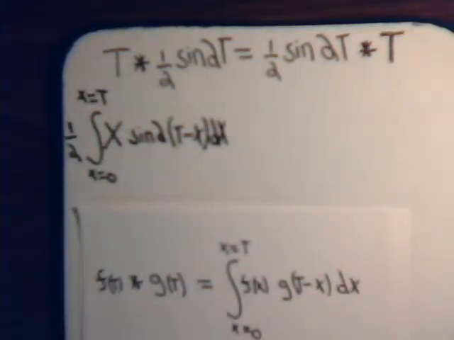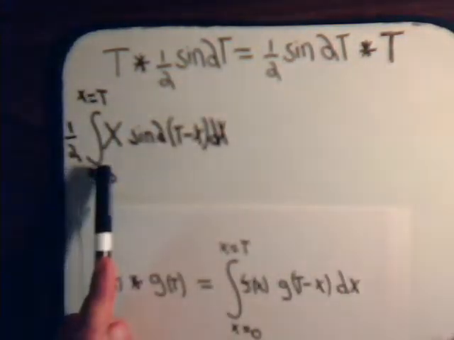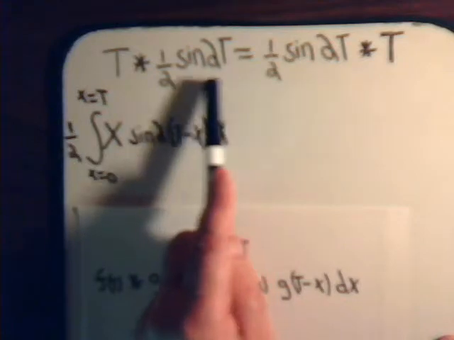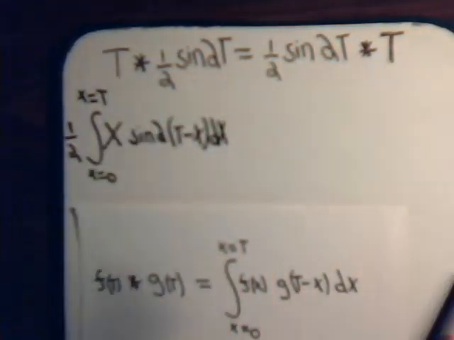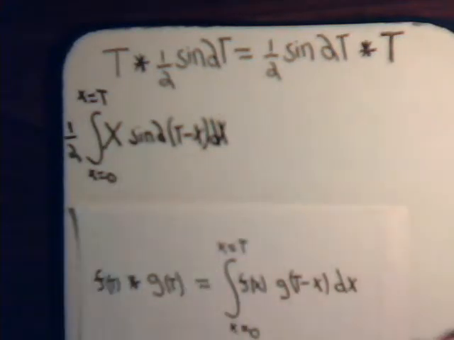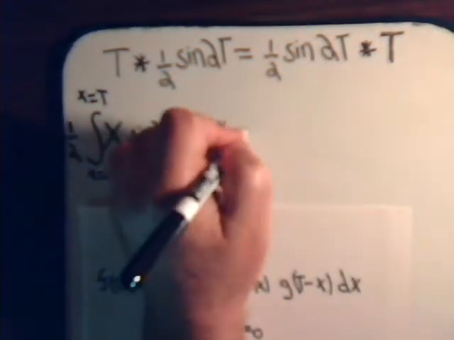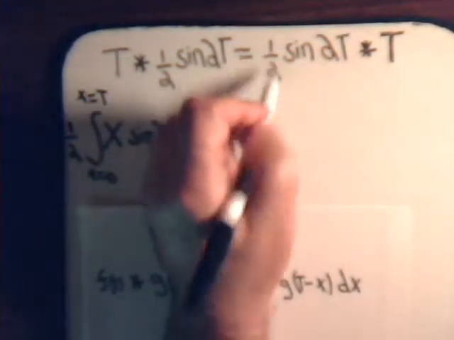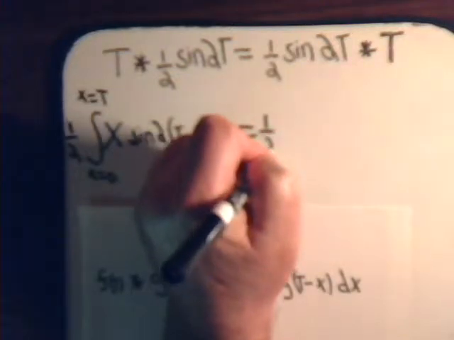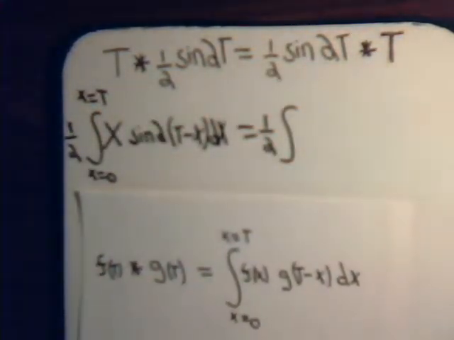So inside of the integral, these are no longer functions of t, they're functions of x, and the one on the right side of the star is t minus x. Now t is just being treated as if it's a constant. On this side, this will equal 1/2 can be on the outside of the integral. And again, f of t becomes f of x.